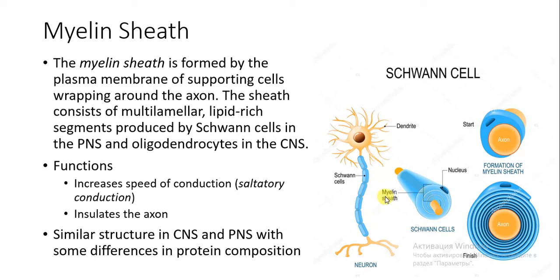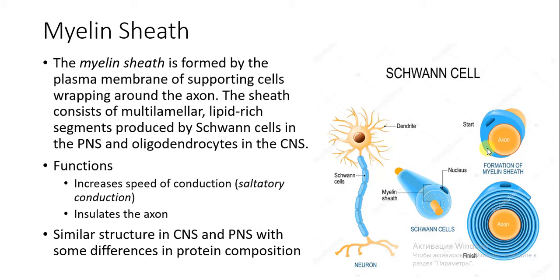But in some nerves, for example in the parasympathetic and sympathetic nervous system, in the peripheral nervous system, a lot of fibers are not myelinated. It doesn't mean that we have no Schwann cells there. We have Schwann cells, but they just wrap once around the axon, because Schwann cells serve a very important function.